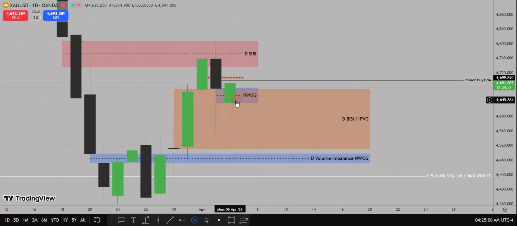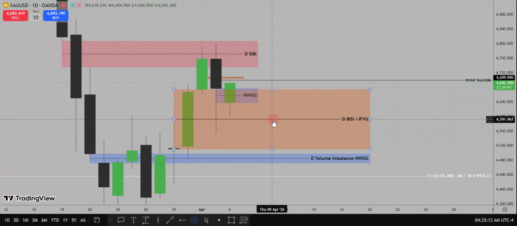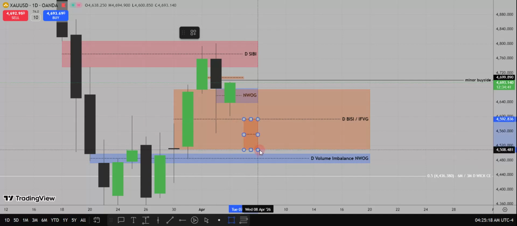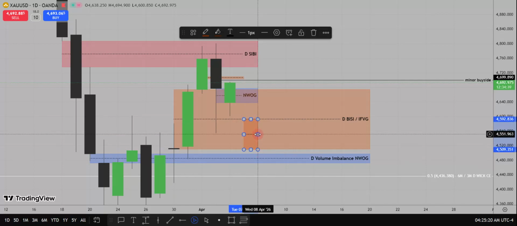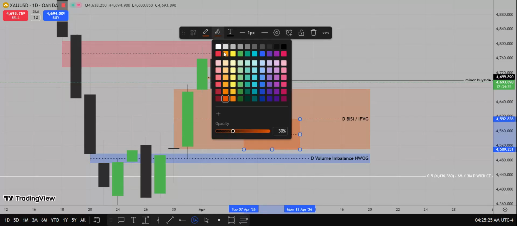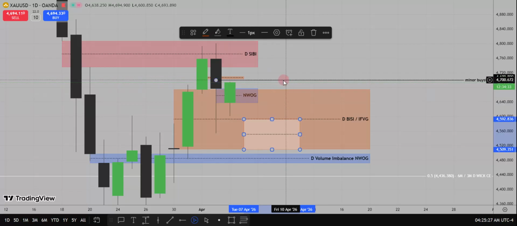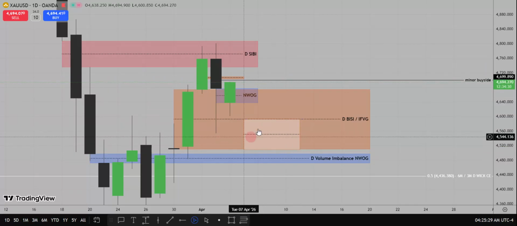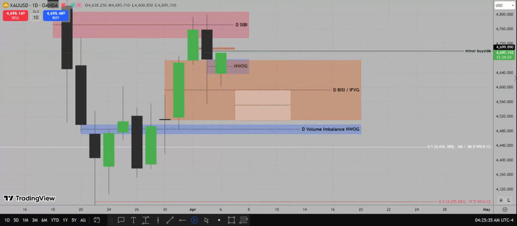Wait for price to break down below it, and wait for it to use this level here, this level there. See that level there? Wait for it to use that level, and to indicate that it's strongly bearish.